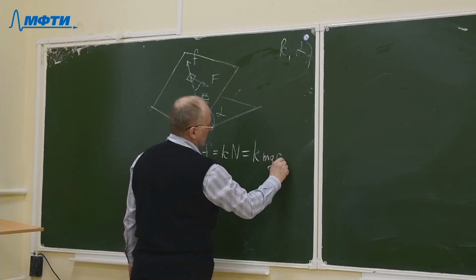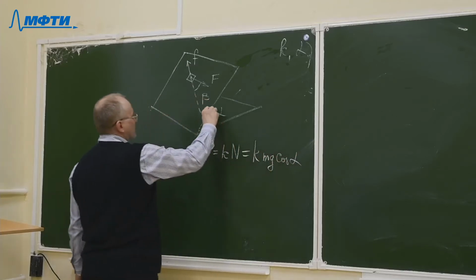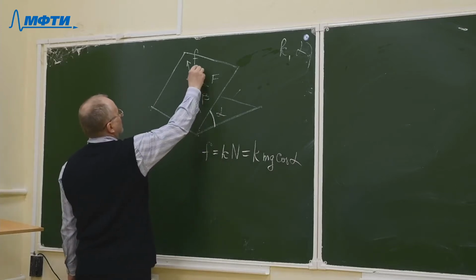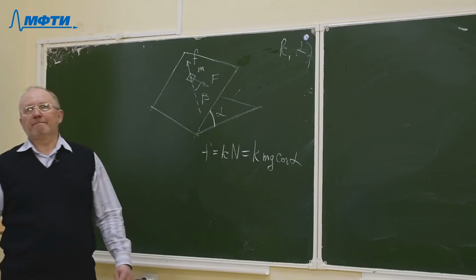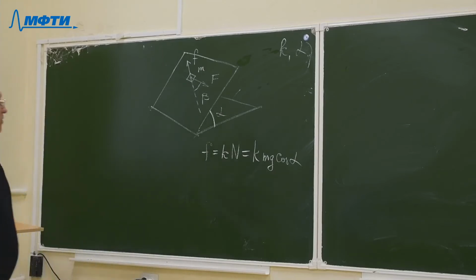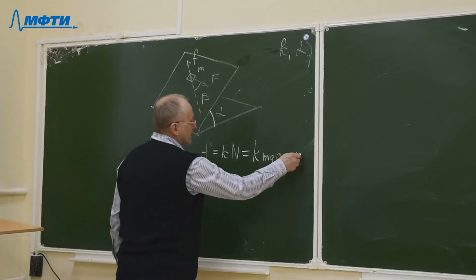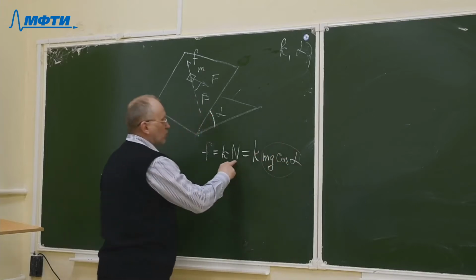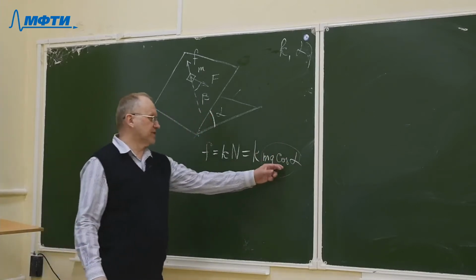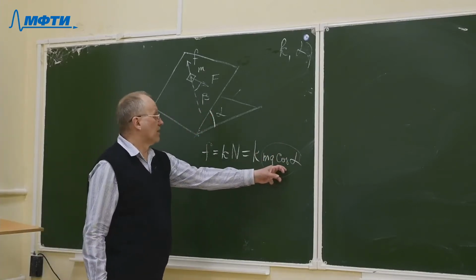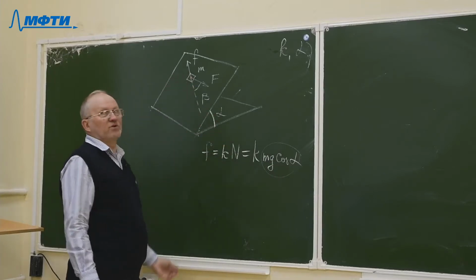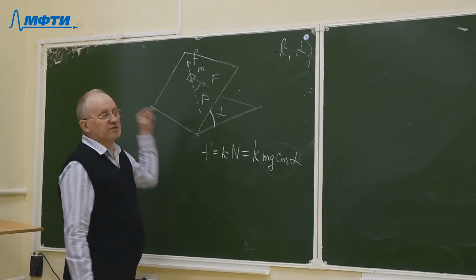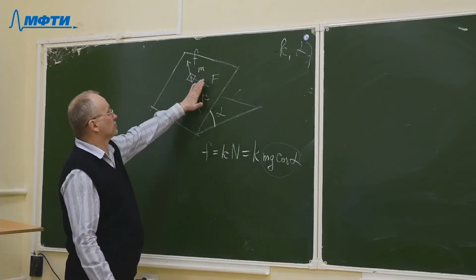It's mg cosine alpha, where alpha is given and m is the mass of this body. Why do we know that this is the force of normal reaction? Because this is the perpendicular component of the weight of the body, mg, perpendicular to the inclined plane.